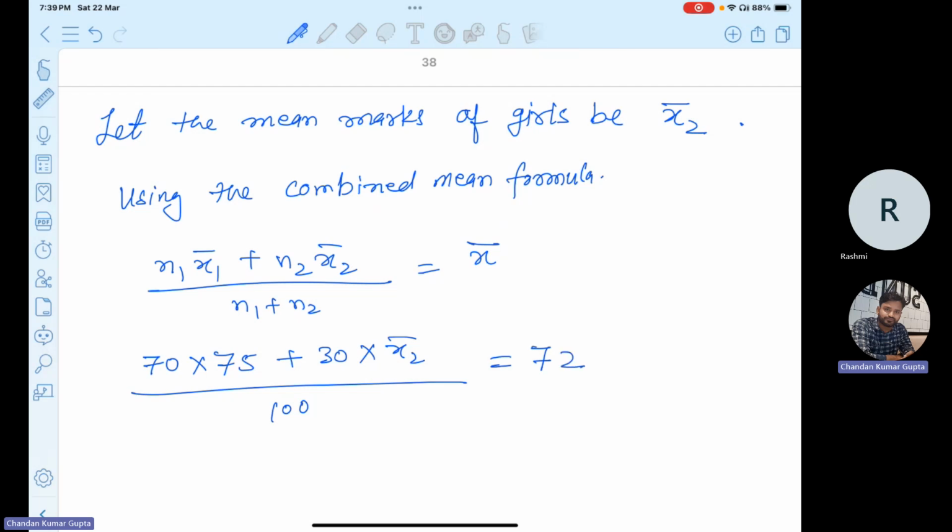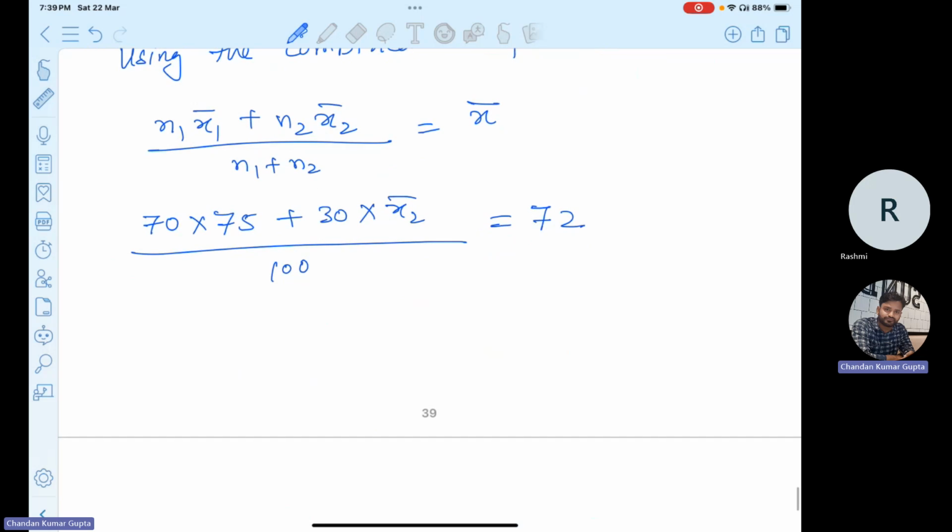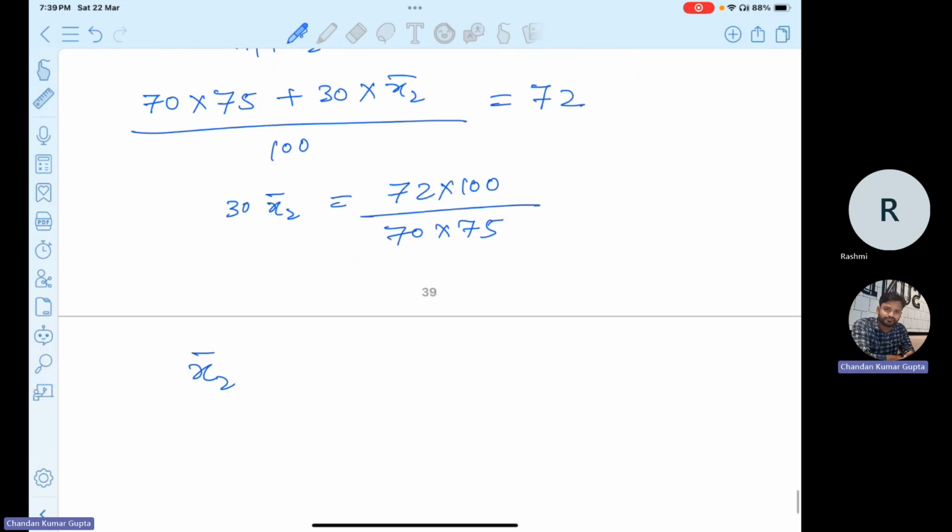The overall mean is 72, already given. Now it's a simple question. 30 X2 bar is 72 into 100 minus 70 into 75. So X2 bar, if you solve, 7200.